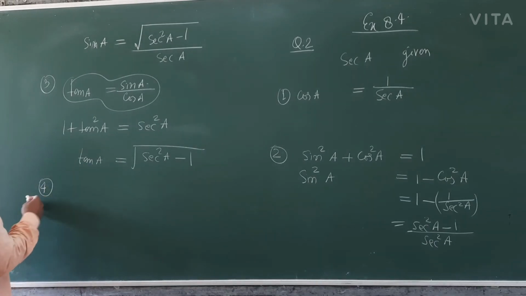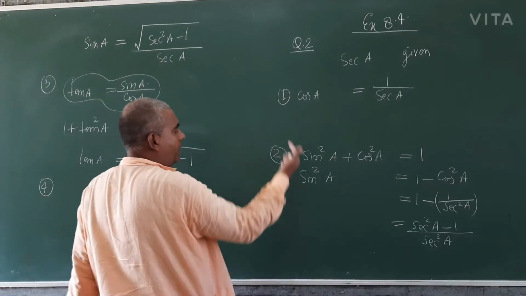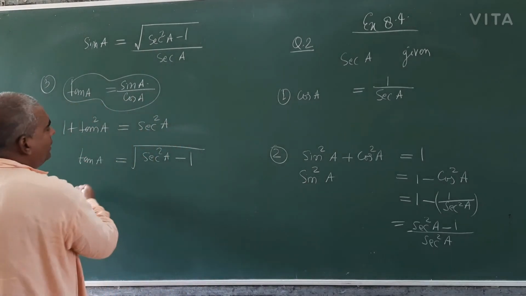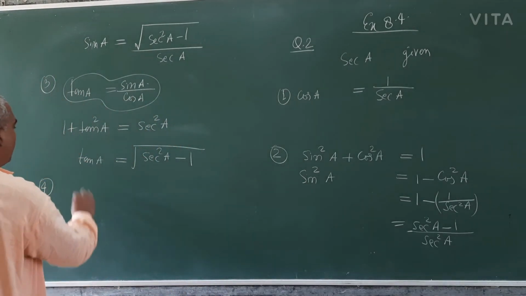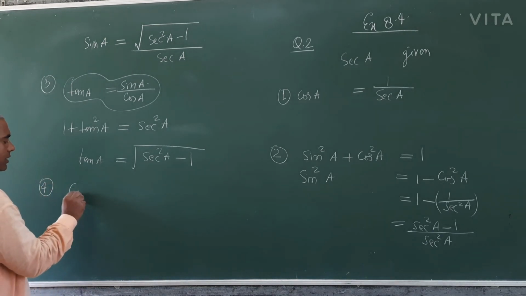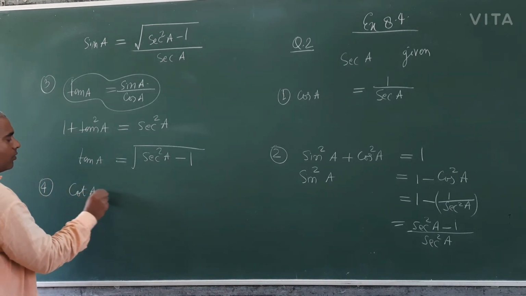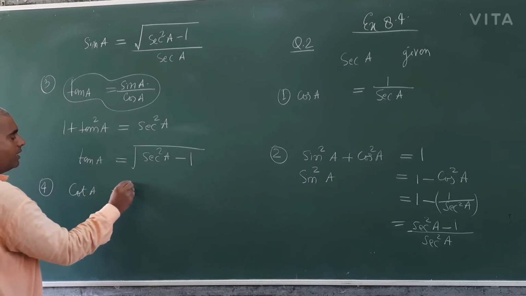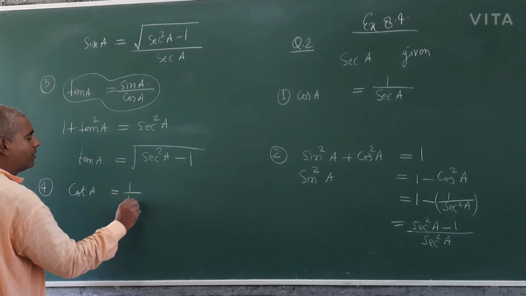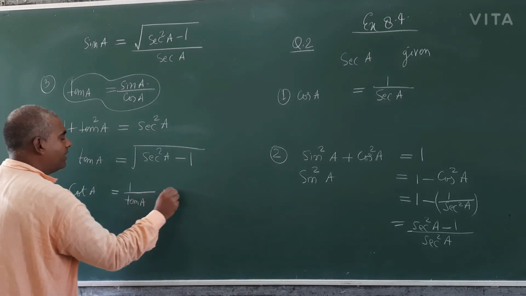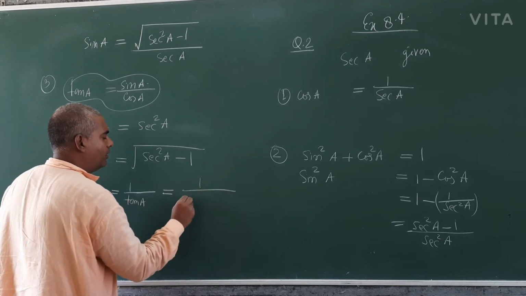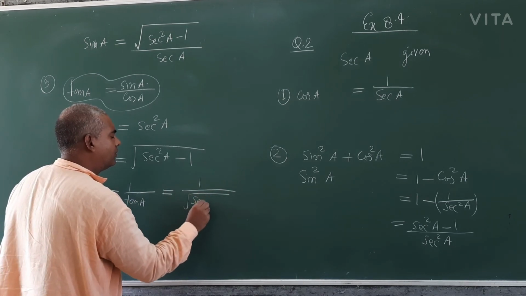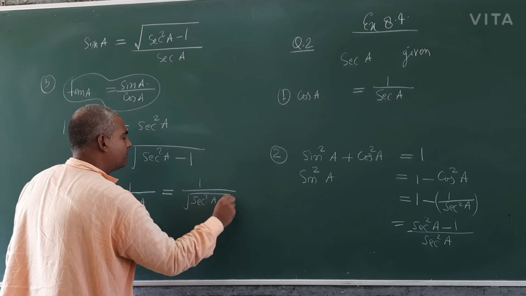The fourth part is very easy. If you have got cos, sin and tan, then the others are just the reverse. So for tan, cot, just write the inverse. Cot A means 1 upon tan A, means 1 upon under root of sec square A minus 1.